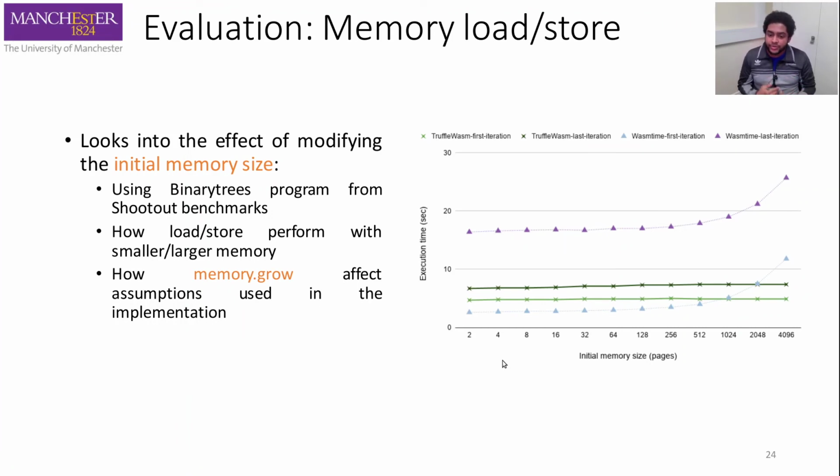We execute this program 100 times, and we measure the time it takes at the beginning, the first iteration after it has stabilized, and the time it takes at the end of the iterations, while also changing how many initial pages we provide. As you can see from the green lines here, there is not much overhead associated with the load and store operations that we have.